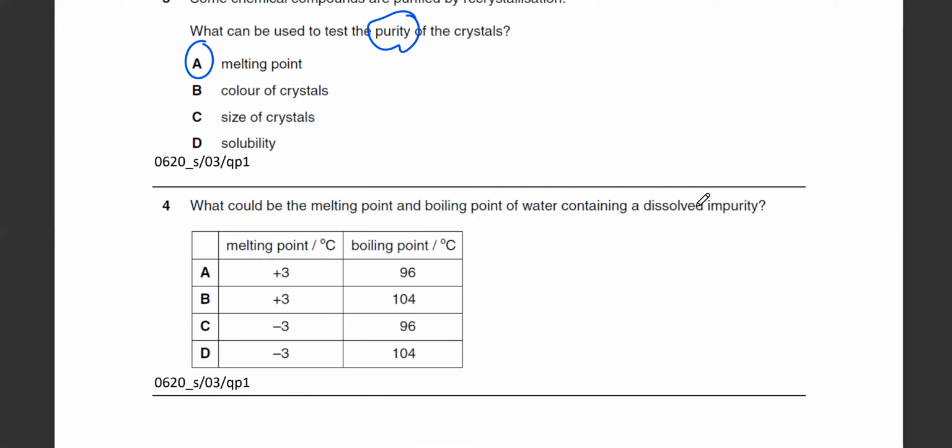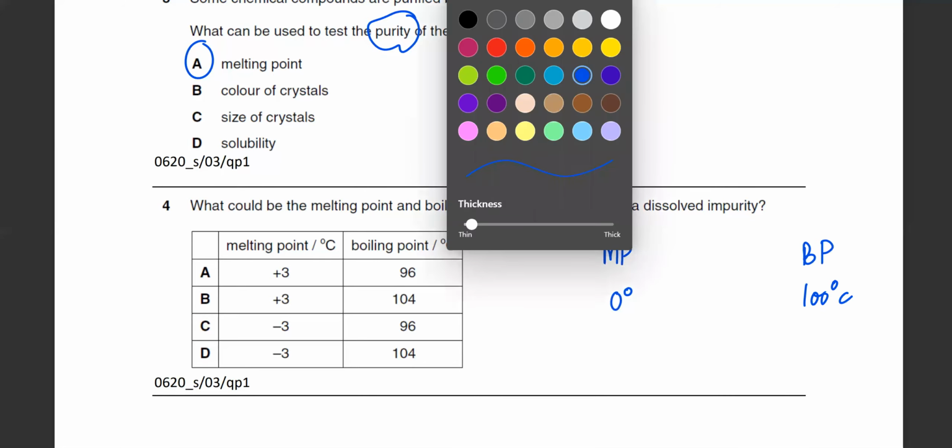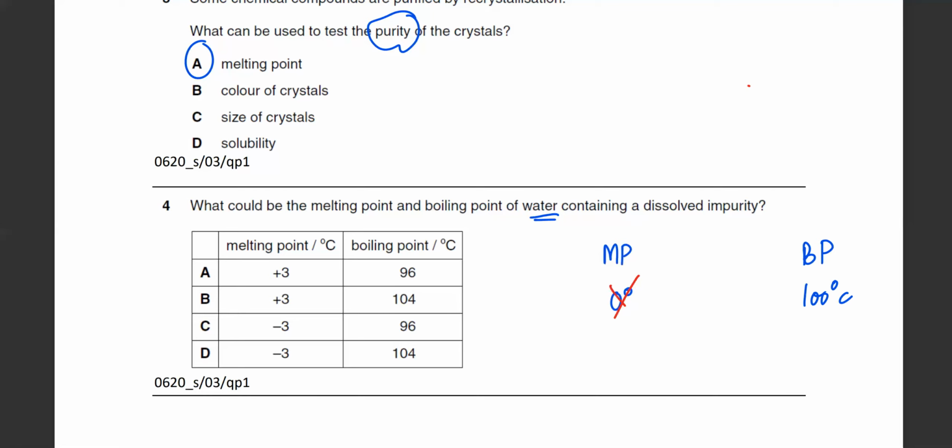So previously, I mean, this isn't part of separation techniques, but I had told you that when water has impurities dissolved in it, normally its melting point is 0 degrees centigrade and it boils at 100 degrees centigrade. But when it's impure water, the melting point becomes less than zero.